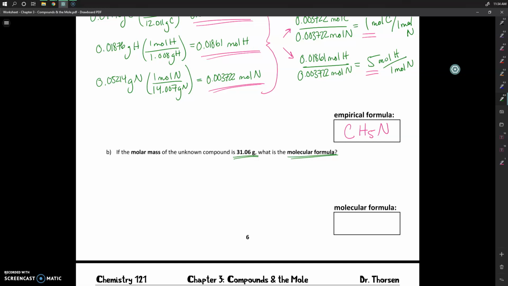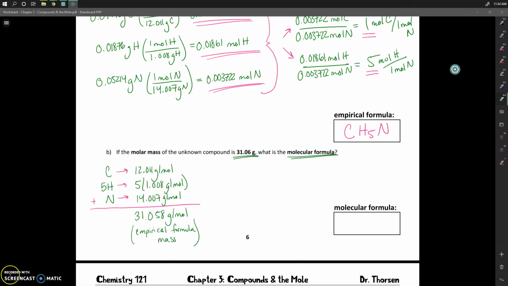In order to do this, we need to start by solving for the empirical formula's mass, or the empirical mass. Solving for the empirical mass is the same as solving for a molar mass. We're just using the empirical formula and adding up the masses of all the elements. So if there's 1 carbon, we have the molar mass of carbon. If there's 1 nitrogen, we have the molar mass of nitrogen. And if there's 5 hydrogens, we'd have 5 times the molar mass of hydrogen. And we add this all up and we get our empirical formula mass.